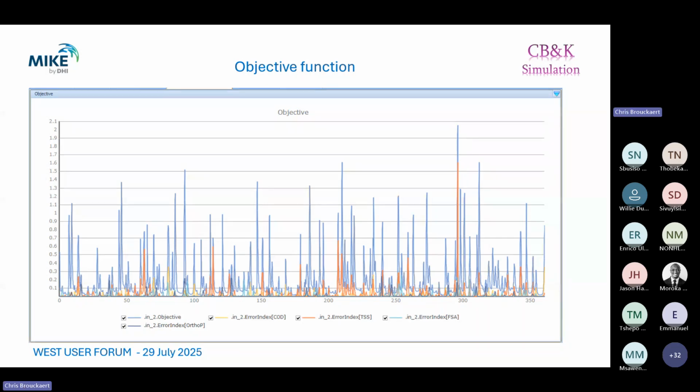So where you see a spike like that, it means that there's something particular that is not agreeing with the other bits of information that go into the determination.